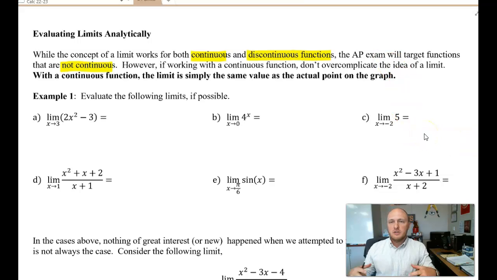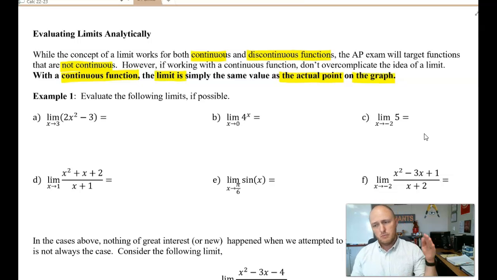All you have to do is find the point on that graph if it's continuous. When working with a continuous function, the limit is the actual point on the graph. In these next couple of examples, the first thing that you should automatically do with the limit is plug it in, see what happens.